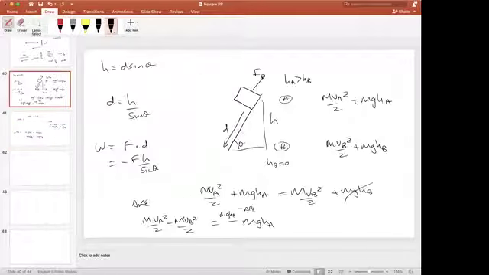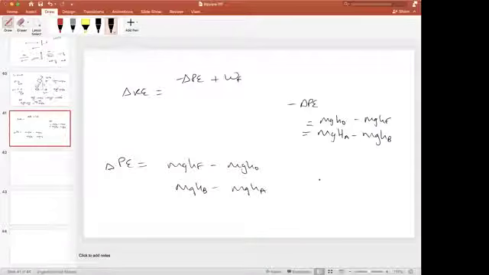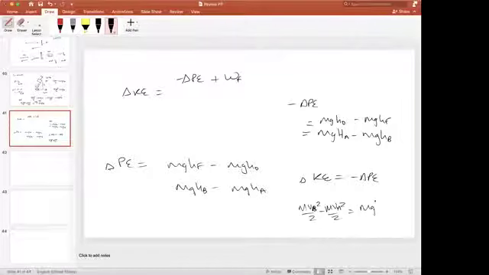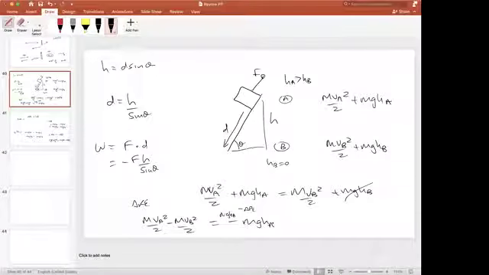And here, this is bothering me because what I should get is that the change in kinetic energy is the negative of the change in potential, which should give me that m v_b squared over 2 minus m v_a squared over 2 is equal to m g h_a minus m g h_b.